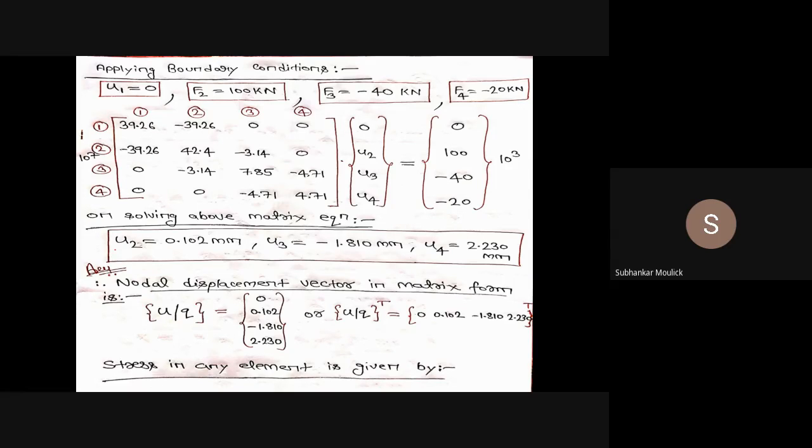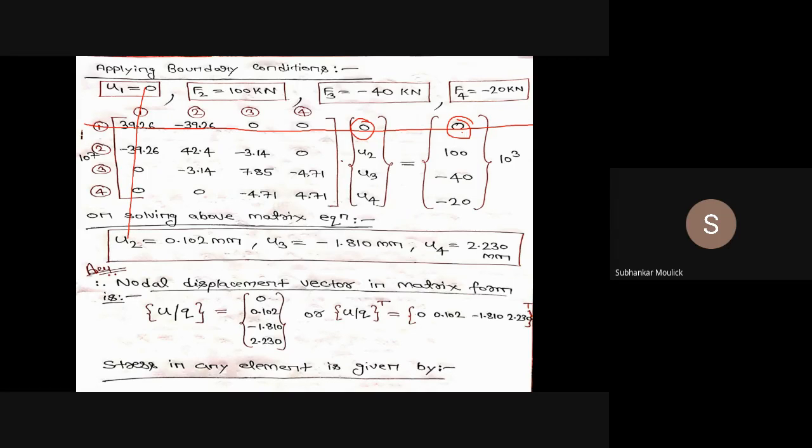And the Gauss elimination method tells us that since this u1 is 0 and this f1 is 0, that means the RHS is 0. In the first row the RHS is 0 and in the first column u1 is 0, so according to the Gauss elimination method I can remove this first row as well as this first column, because u1 is 0 and f1 is 0, the output is 0.